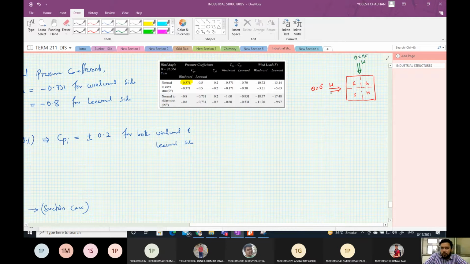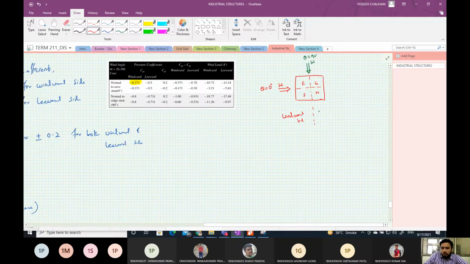So now when theta is equal to 0 degree, this is windward side and this is leeward side.